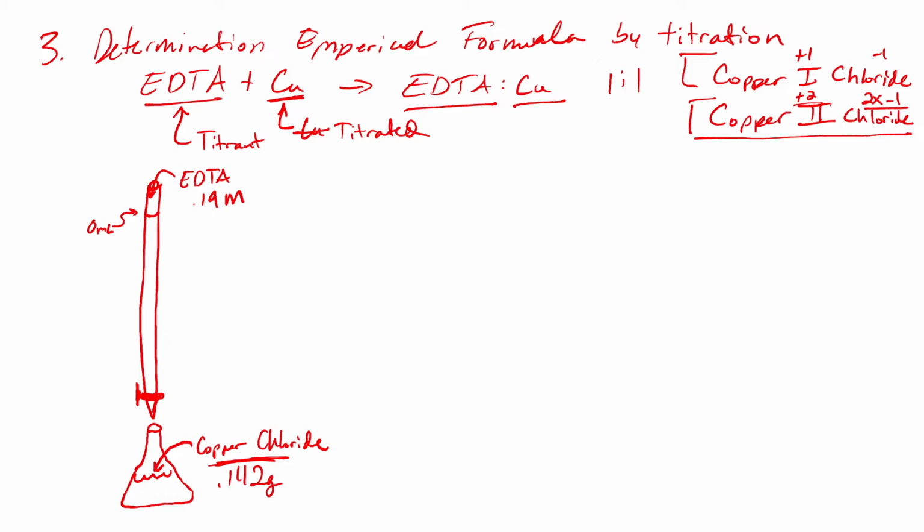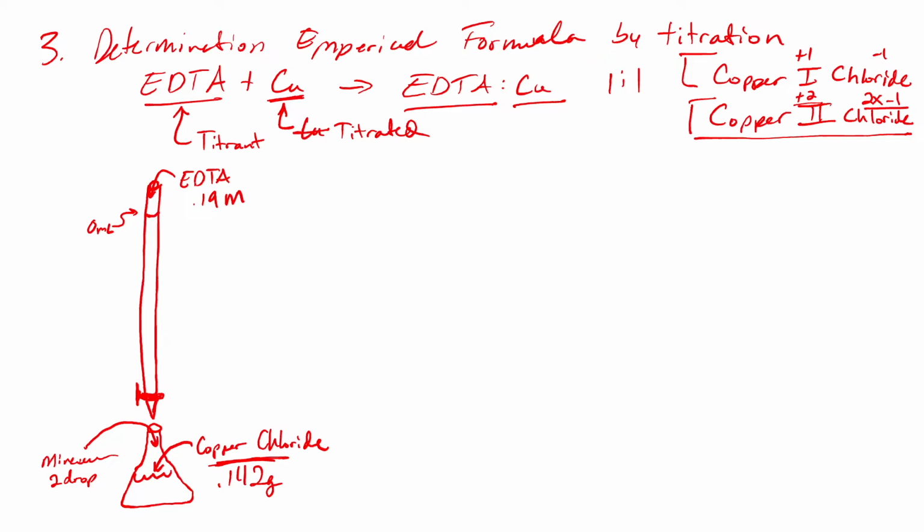So I forget again what the indicator is that you put in to do this kind of titration. I think it's like Miri-X or something like that. Miri-X, and I'll just trail off the end there since I don't know what it actually is, but it's something that sounds like that. And of course, 2 drops of that. Don't forget to put in those 2 drops because you'll keep on adding the EDTA and nothing will ever happen.